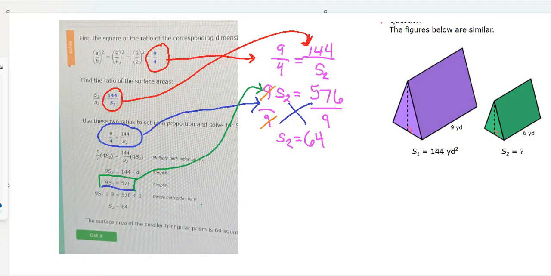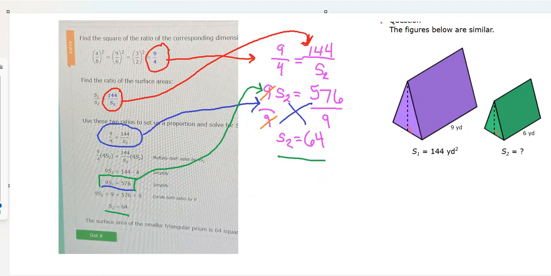And then we divide by 9. They do it a harder way. And you can see the answer right there is the same as the answer right there. So pick apart the pieces that you recognize.